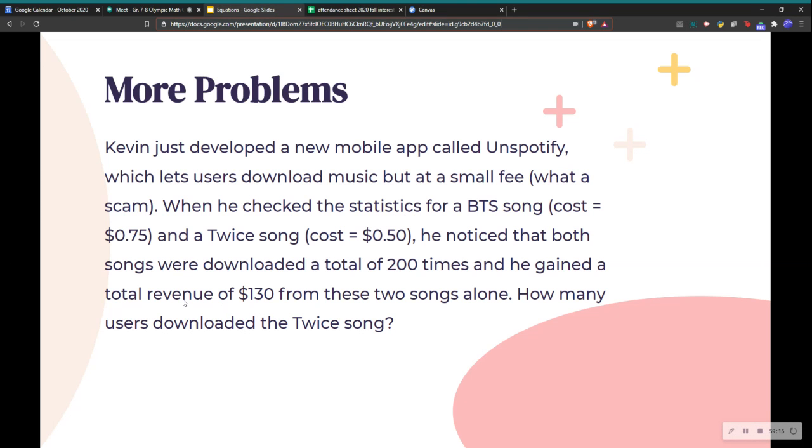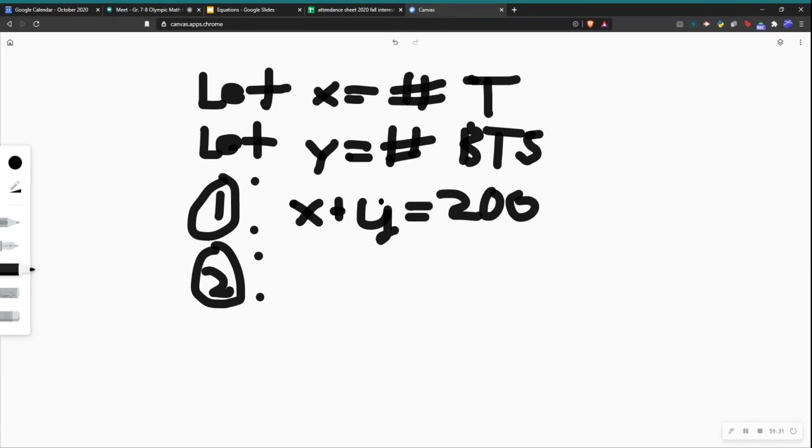Okay. Now we have another fact. He got a total revenue. So the cost for the songs contributed to Kevin's money. So he gained $130 from these 2 songs. So how do we express that as a second equation?